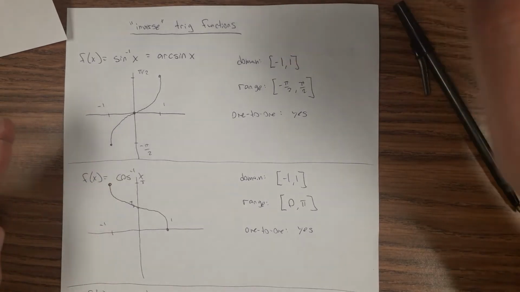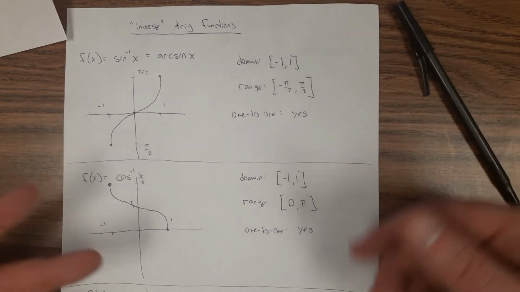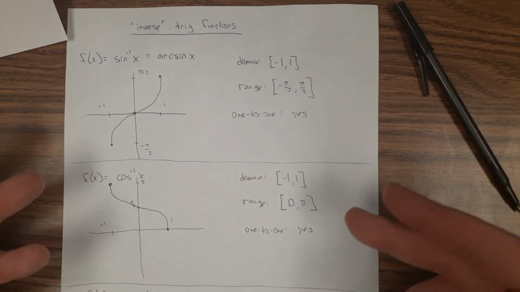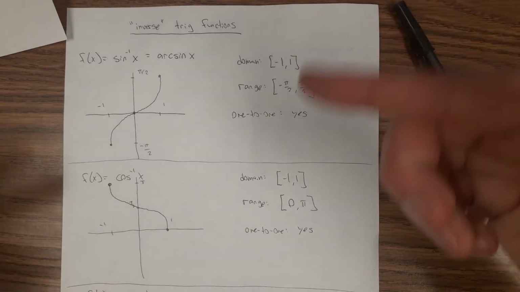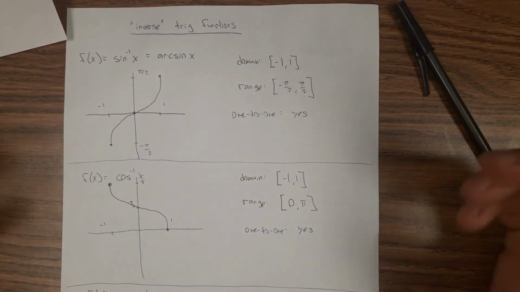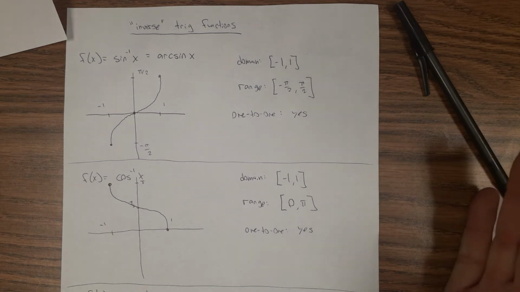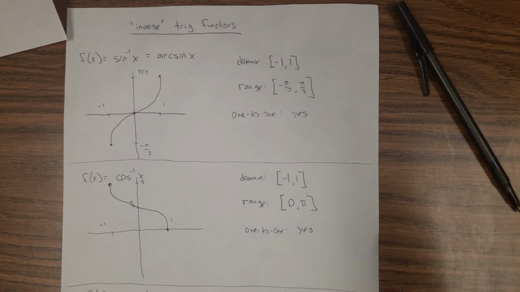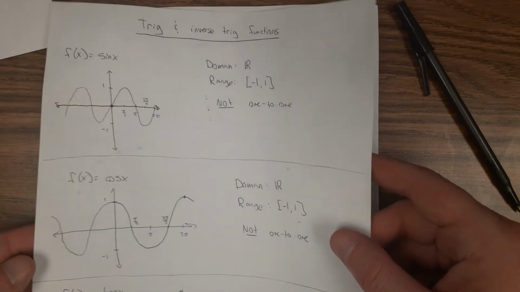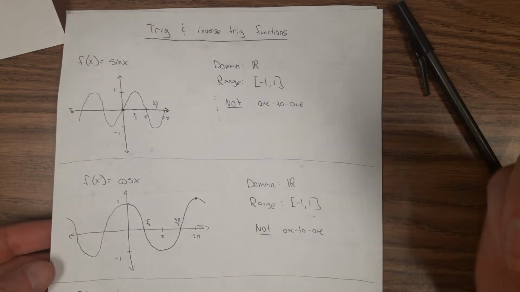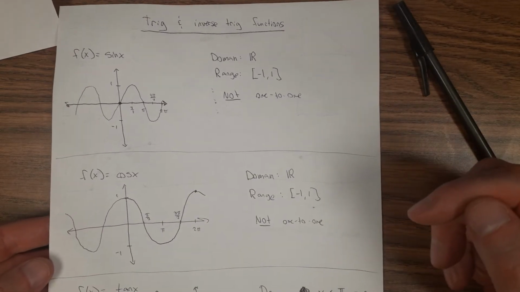Because the original graph fails the horizontal line test, the new graph will fail the vertical line test. So if a function isn't one-to-one, it can't have an inverse. And trig functions aren't one-to-one, so they don't have inverses.